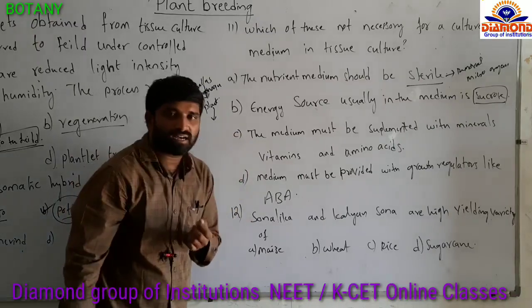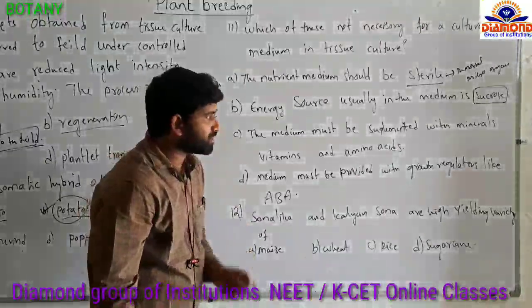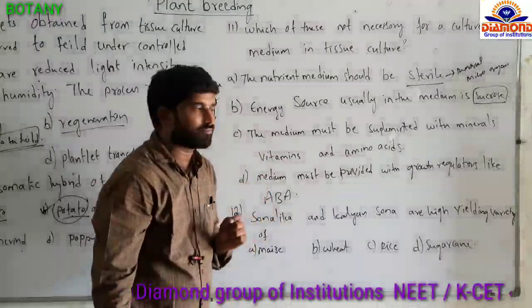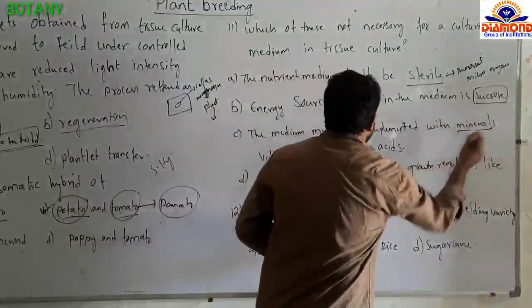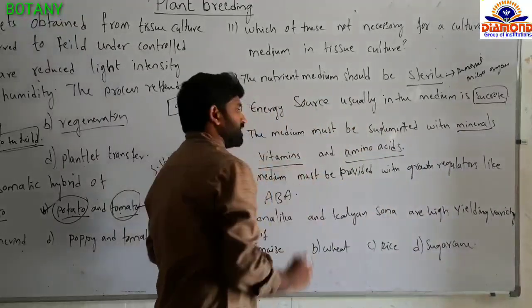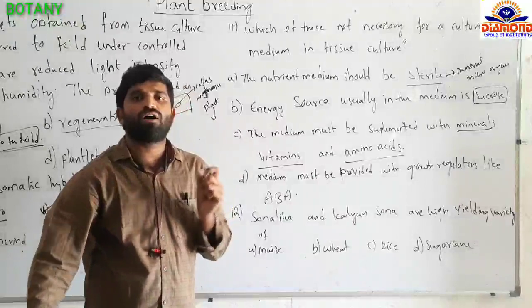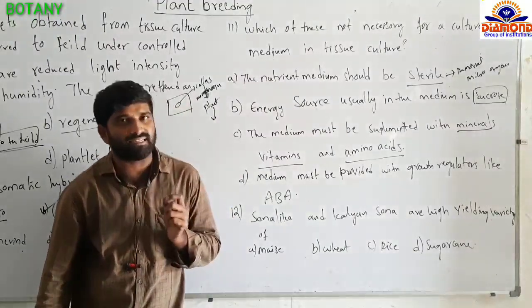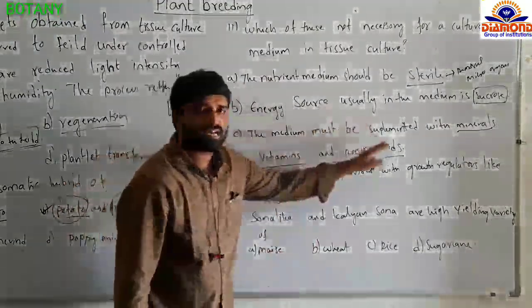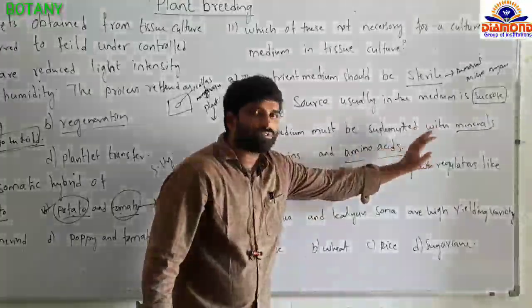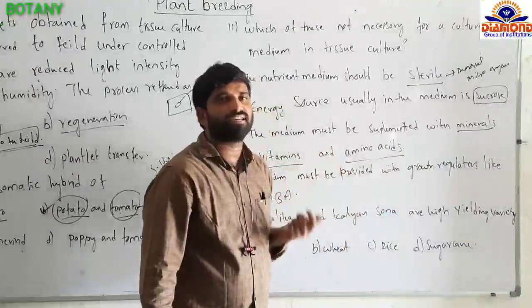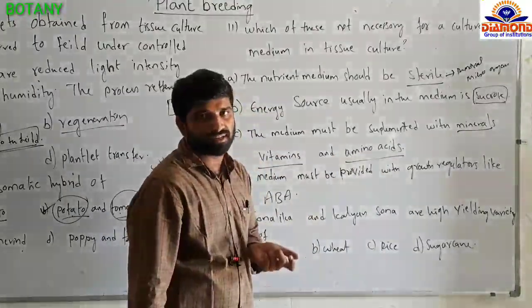We create an artificial nutrient media for tissue culture by adding minerals, amino acids and vitamins. Whatever components are required by the plant are added artificially instead of soil, because we are not using soil in tissue culture. We have to create the artificial nutrient media.